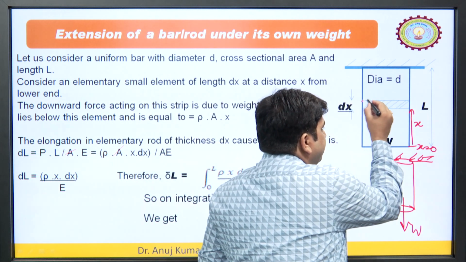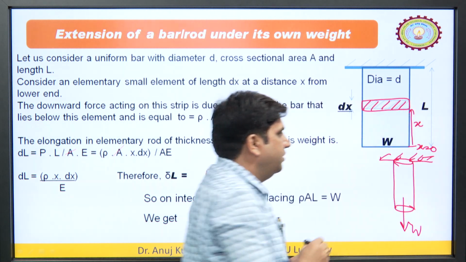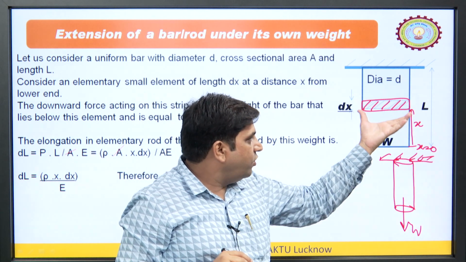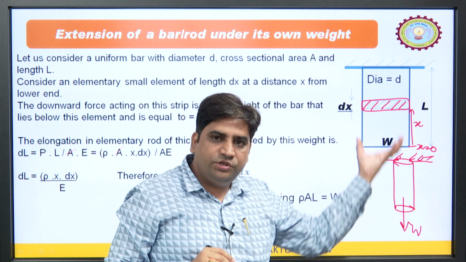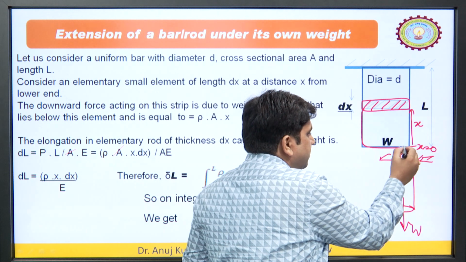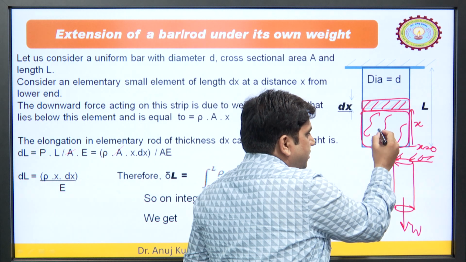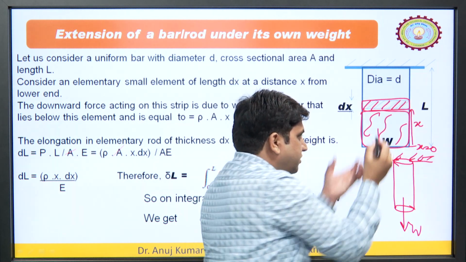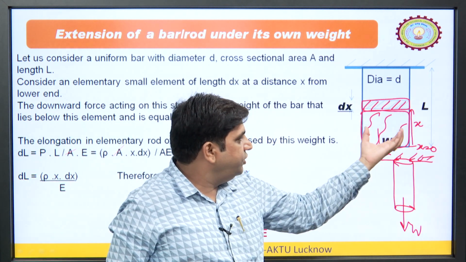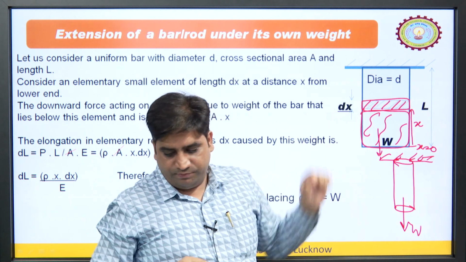So, we can have this element, and as we can see from this diagram, the total body which is below this elementary area will try to pull this object downward. So, elongation in this portion would be due to this load, whatever load is lower than this particular strip.